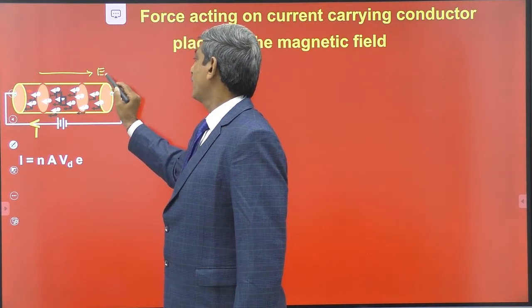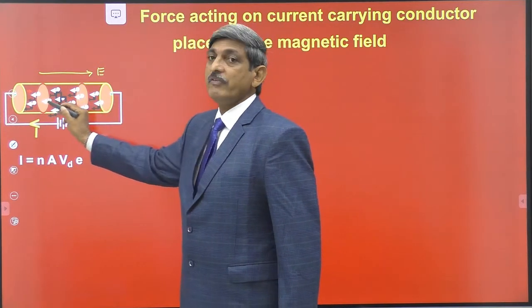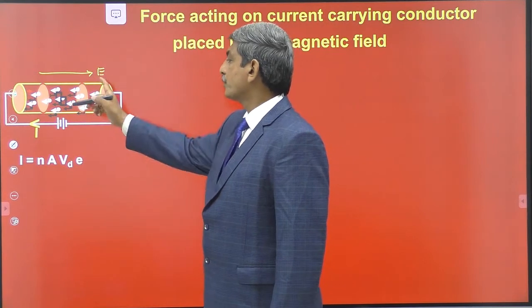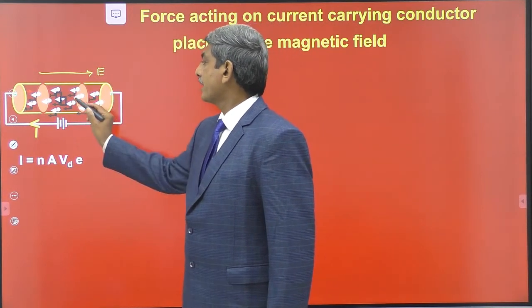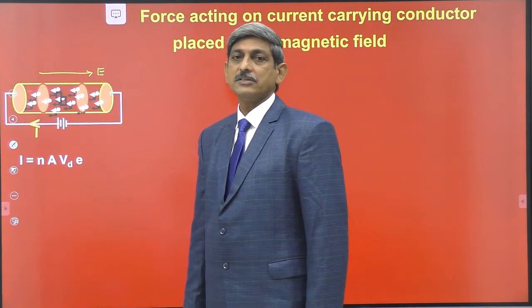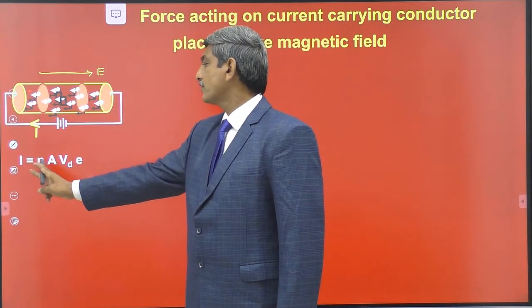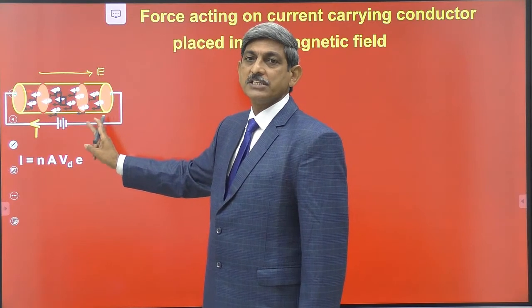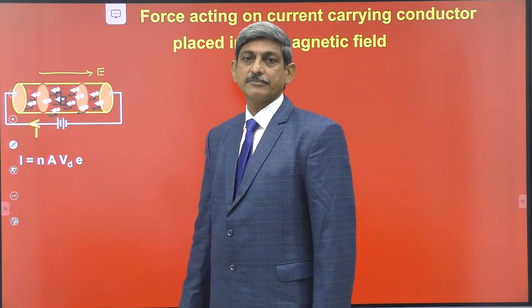Because of this electric field, the electrons move with some average velocity called the drift velocity, and due to this drift velocity some current passes inside the conductor, which is given by the formula I = nAvd e. So we studied this concept in current electricity.